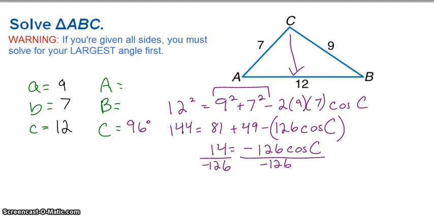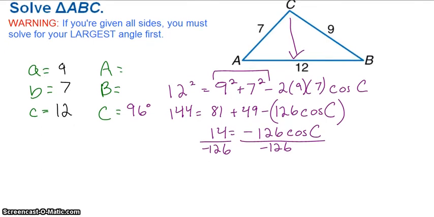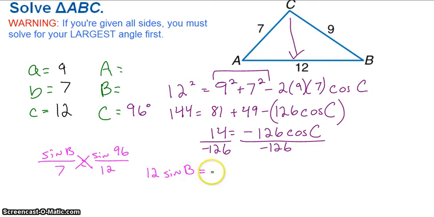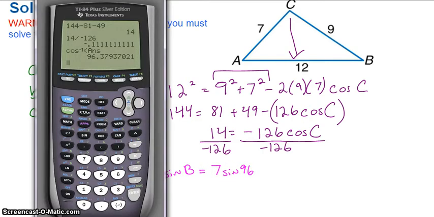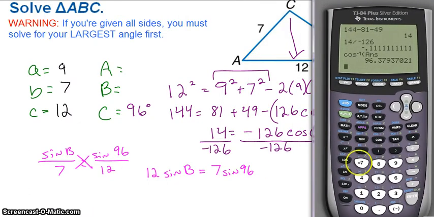Now I can use the law of sines because I have enough information. So let's solve for maybe angle B first. I've got sine of B over 7 equals sine of 96 over 12. Cross multiply. So I've got 7 times the sine of 96.